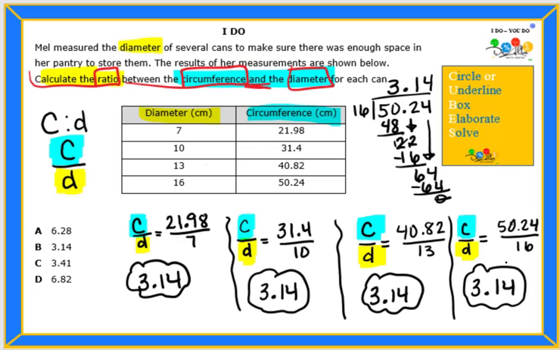So we had 4 different size circles, and each one, when we took the ratio of the circumference to the diameter, we got 3.14. This is a special ratio. This ratio is called pi. It looks like this.